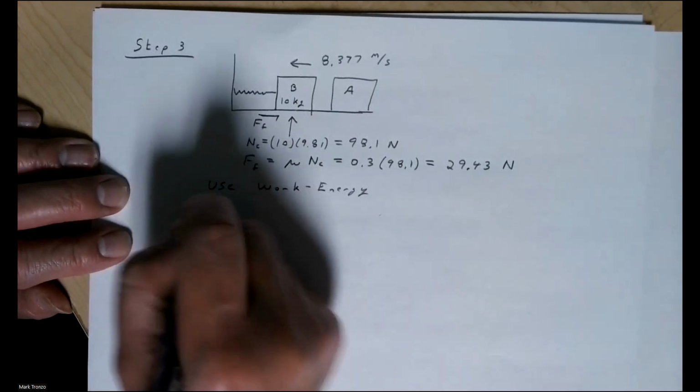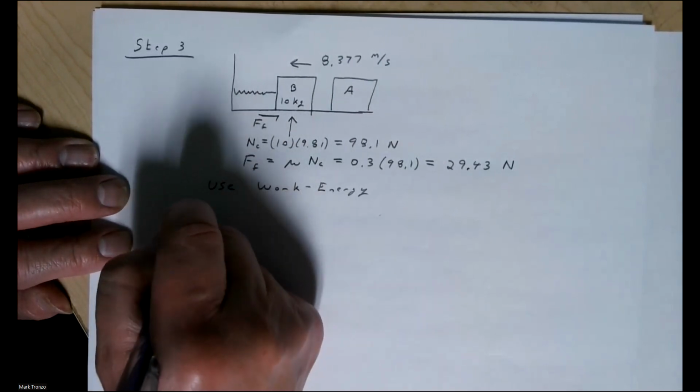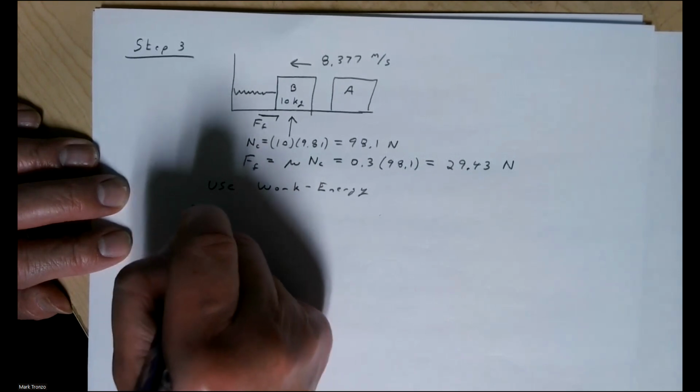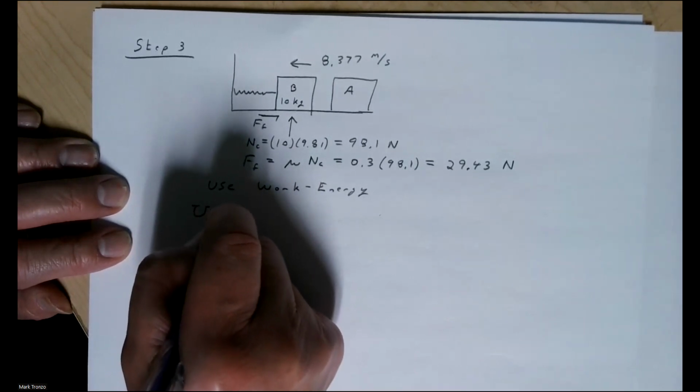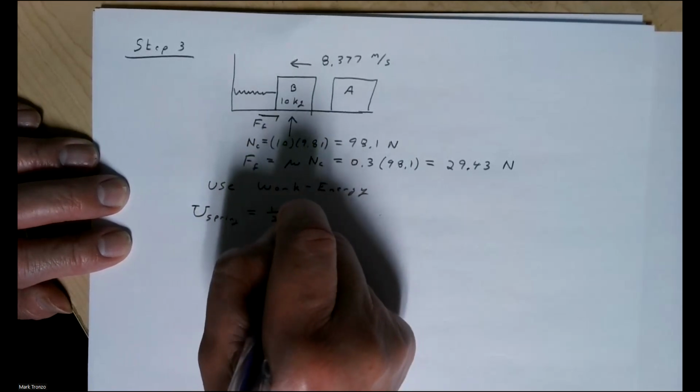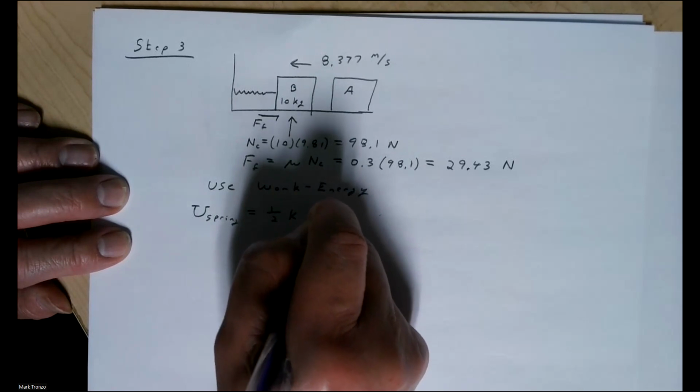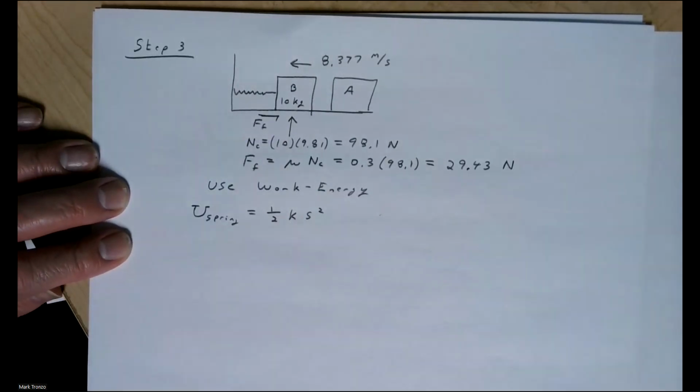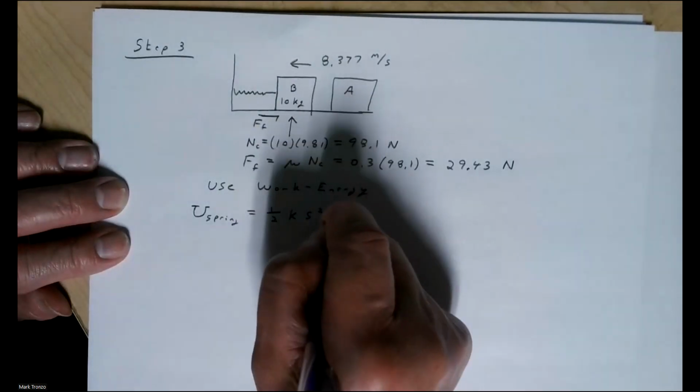So now there's going to be a couple of things for work. One is going to be the spring work. That's 1/2 K S squared, depending on how far the spring is being compressed.